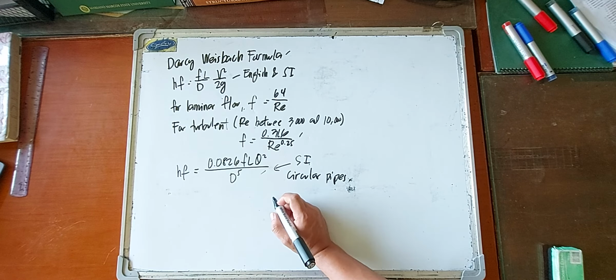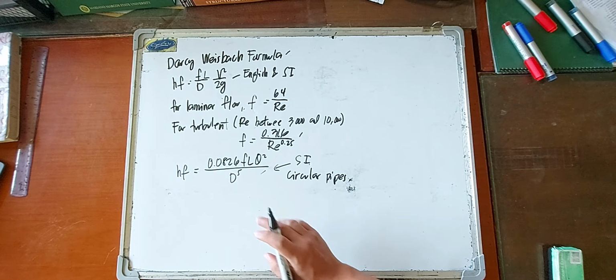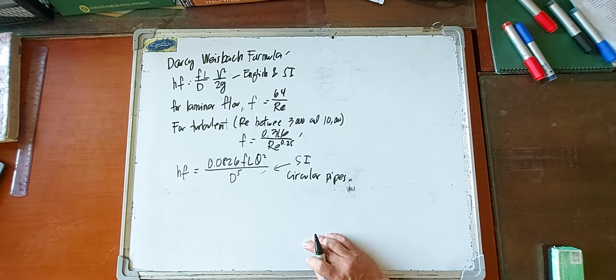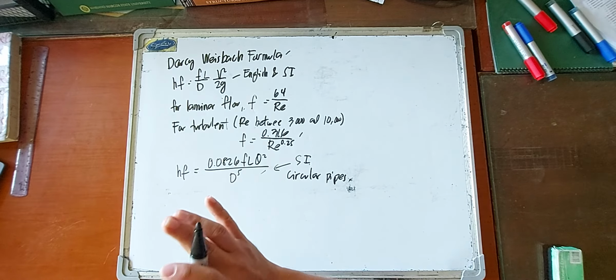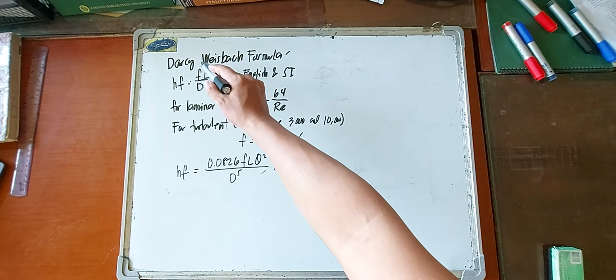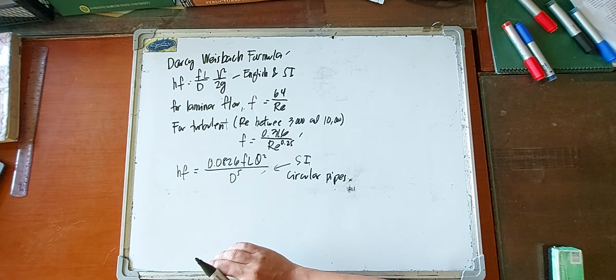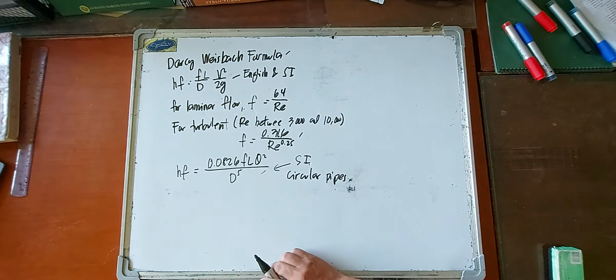Now, what is this friction factor? This is somewhat difficult to compute unless the friction factor is given in the problem, but oftentimes in many fluid mechanics or hydraulics books, the values of the friction factor are tabulated. Otherwise, the friction factor is computed using certain formulas and the Moody diagram or Moody chart.